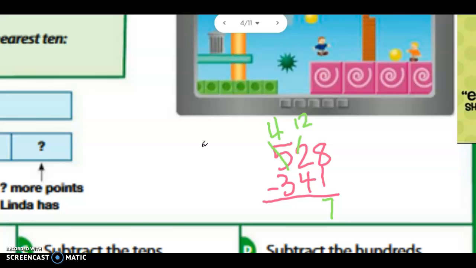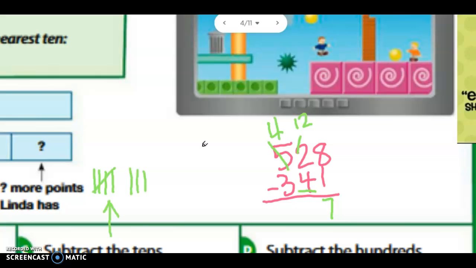Remember, if your brain works better going up than down, you can start with the number on the floor and count up to the number that's on top. I'm going to start with 4 and I can make tally marks to count up there or hold up my fingers. 4, 5, 6, 7, 8, 9, 10, 11, 12.